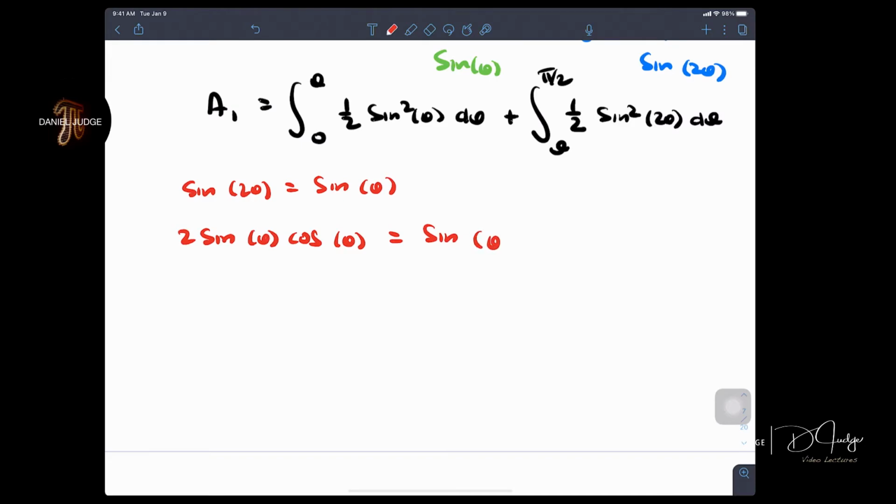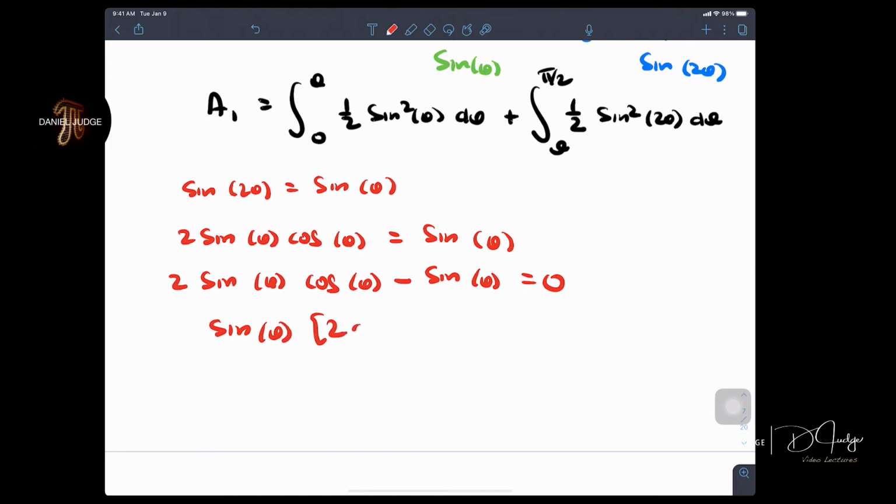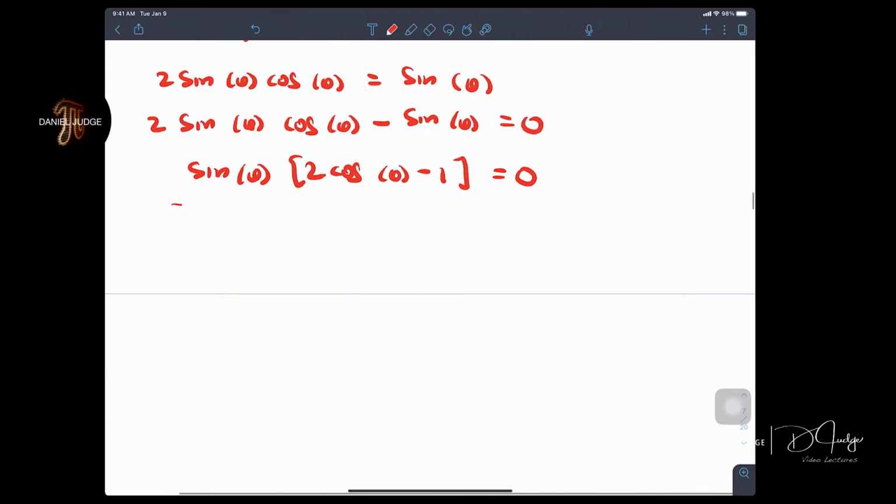And that's sine theta. We're going to subtract sine theta and factor out sine theta. We're going to solve this trig equation. So when you factor out that sine theta, you get sine theta times 2 cosine theta minus 1 equals 0, which means two things.